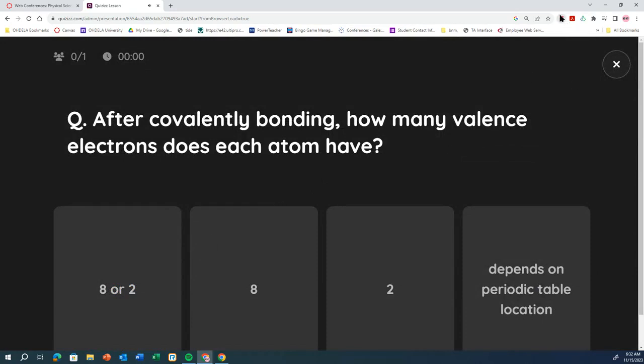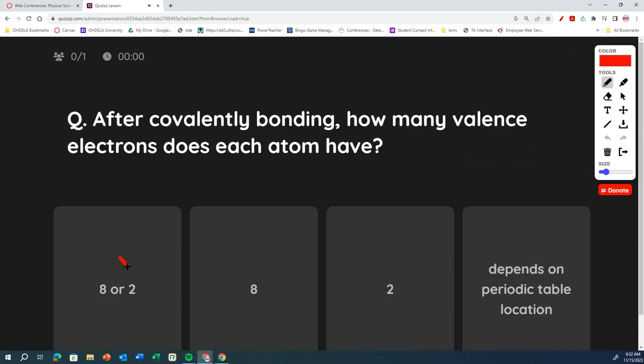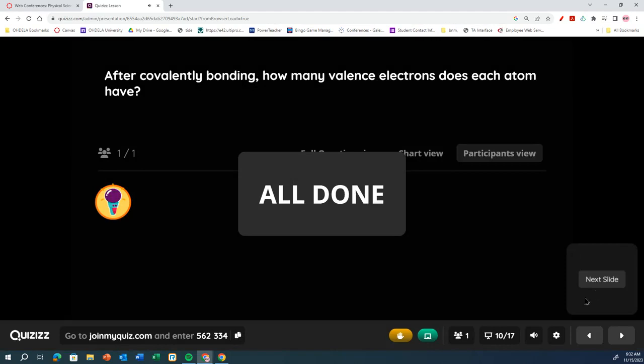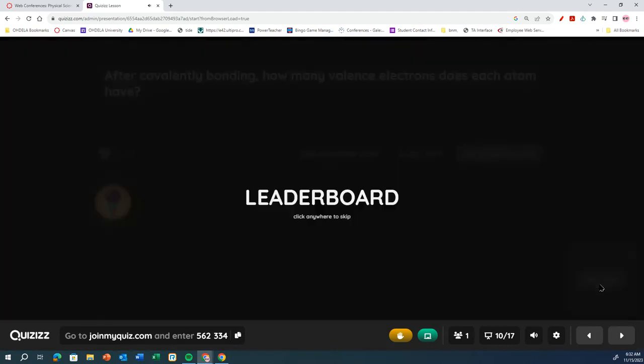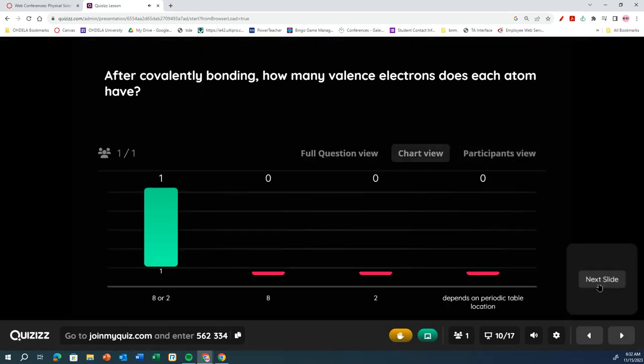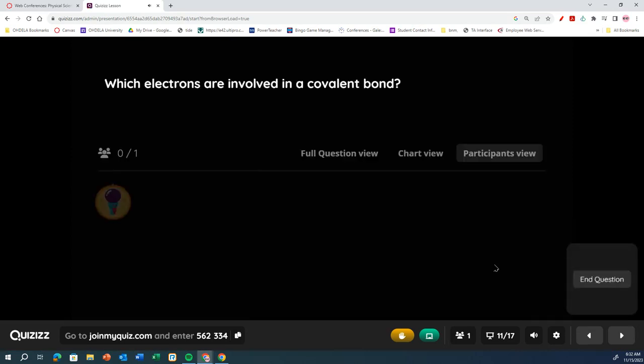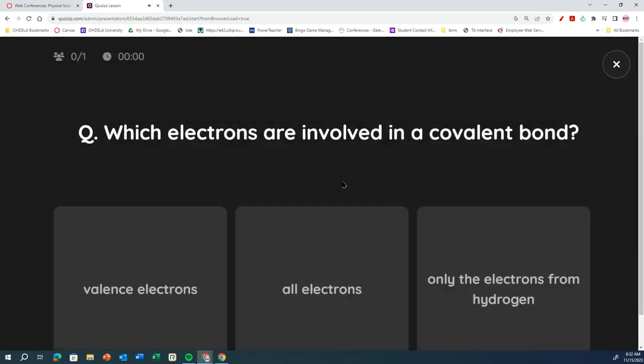Well, in this particular case, hydrogen would want 2, all other elements would want 8. Which electrons are involved in covalent bonding? Valence electrons.